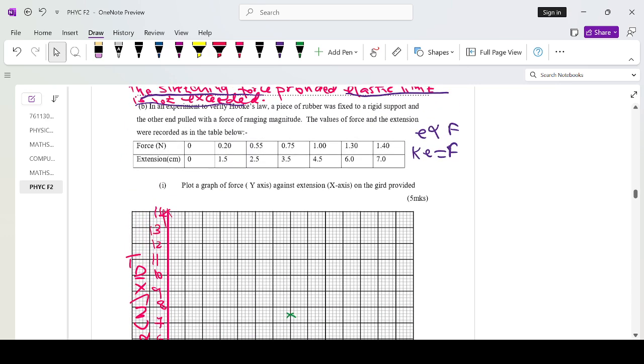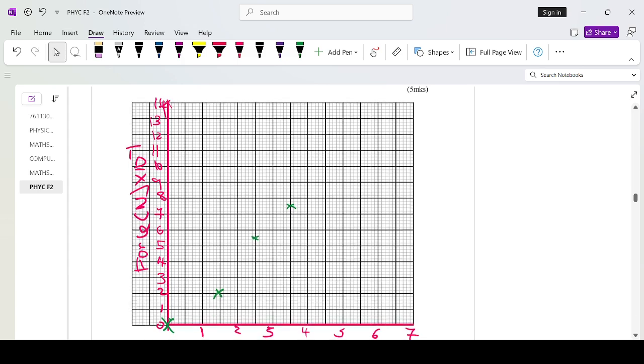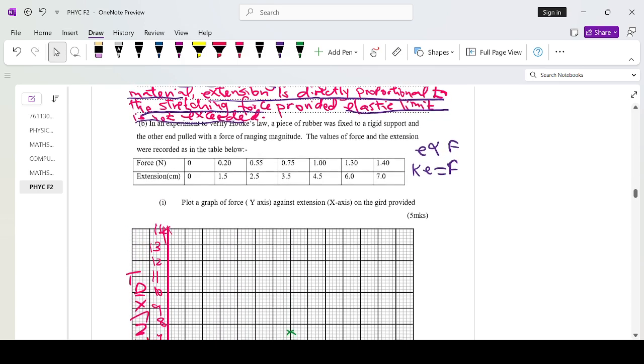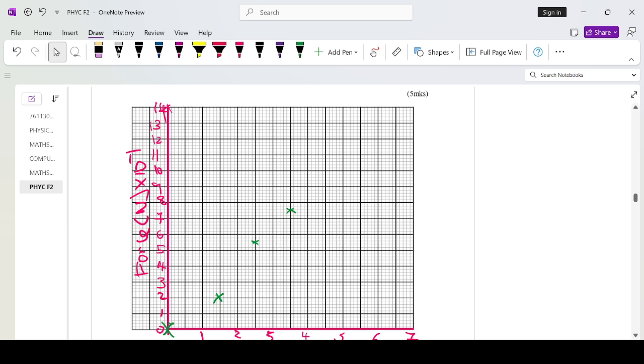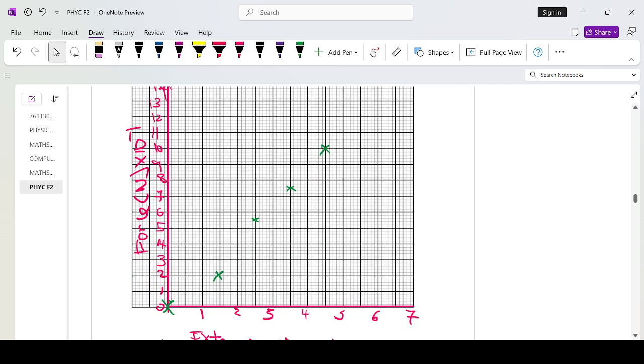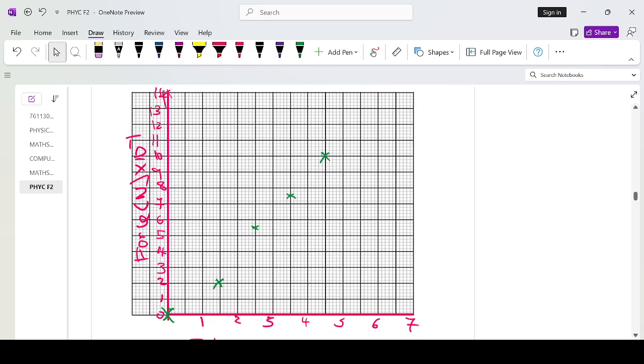I'm now going to 4.5, 1. It is like 10 because you're multiplying them by another 10. So 4.5, 10. 4.5 is here. Where is my 10? My 10 is here. Then after that, 6, 13. 6 is here.